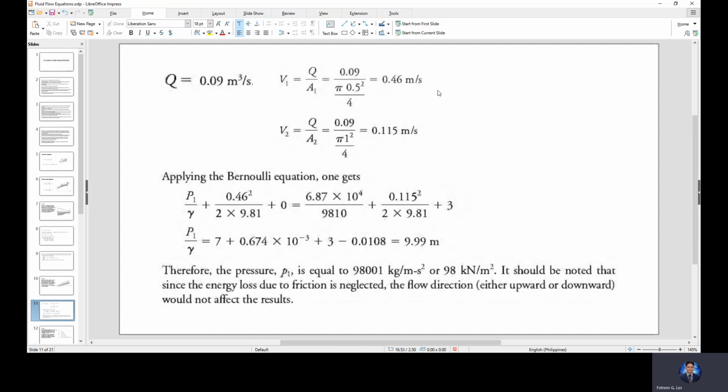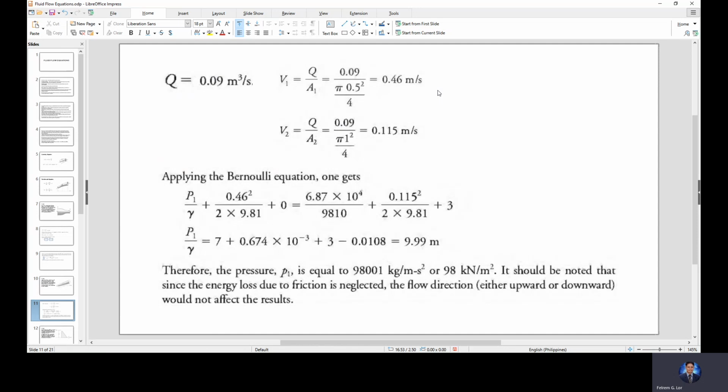The velocity at point 2 is equal to 0.115 meters per second. Then, applying Bernoulli's energy equation, we can equate the total energy at point 1 and point 2, since we don't have any energy loss between them.